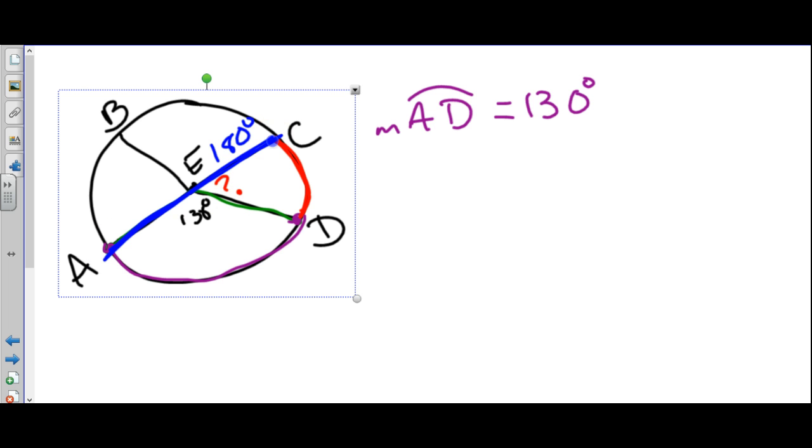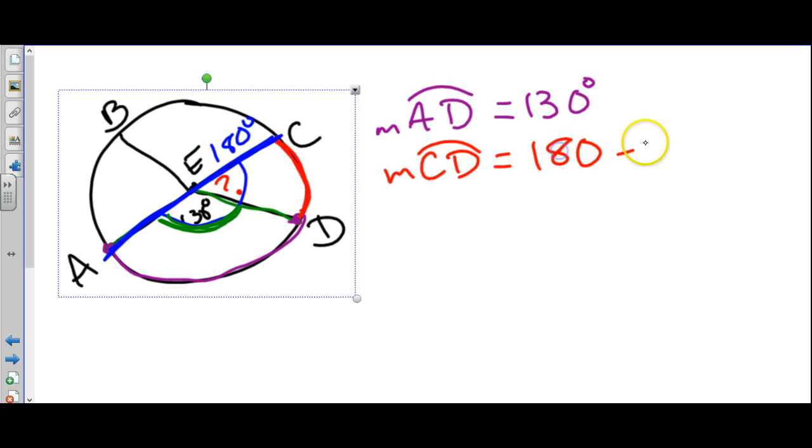So we're going to take the entire angle measure from start to finish is 180 degrees, and we want to get rid of this 130 piece. So when you're trying to get rid of something, you're going to subtract. So the measure of CD will correspond to that central angle, which we're going to find by doing 180 minus 130. So that means the measure of CD is 50 degrees.